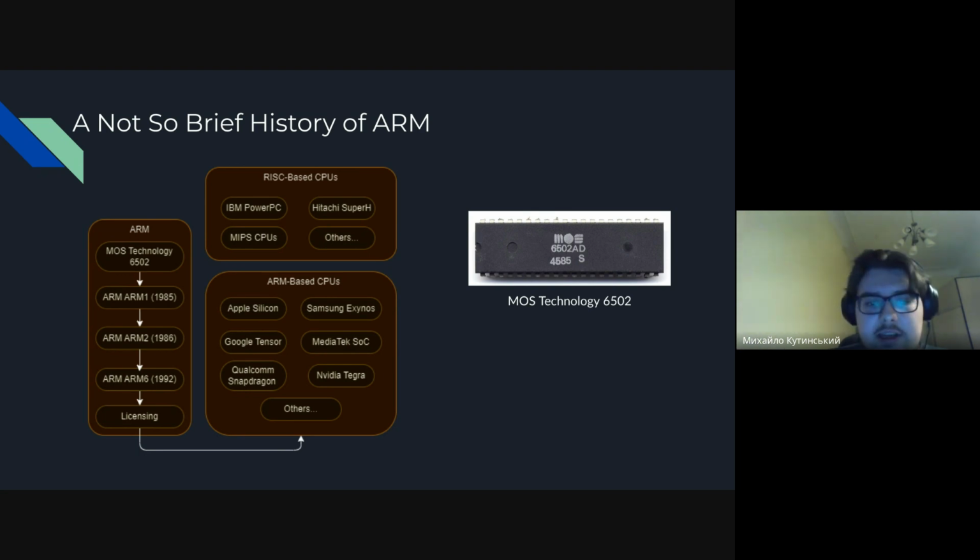The MIPS line, at one point used in many SGI computers, was used in the original PlayStation, PlayStation 2, Nintendo 64, PSP, and residential gateways like the Linksys WRT54G.